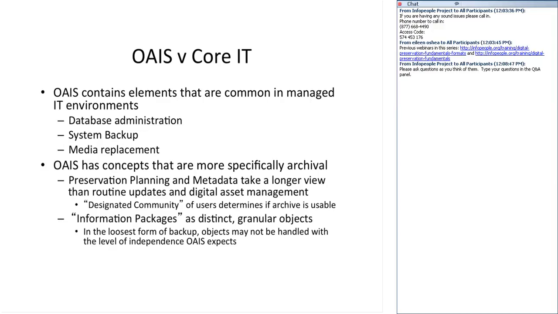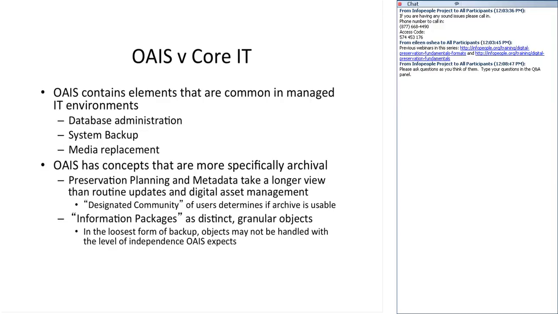The other important thing to remember is that we need to think about distinct granular information objects, some sort of information package. In the loosest form of backup, where the contents of a server are written, for example, to a tape drive, the independence of the particular objects in the archive can be lost.